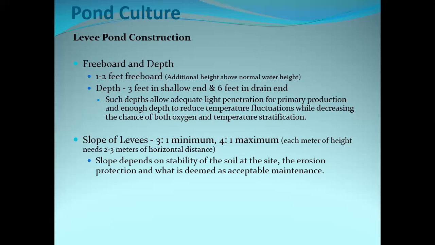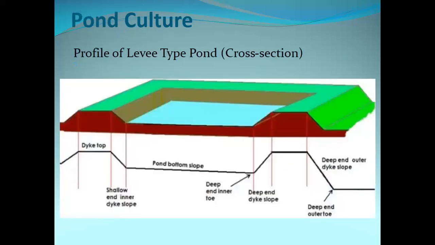Just to explain a little better, the dike top here is also called your levee. The higher you go, the greater the slope on your levee, and the wider the top needs to be.